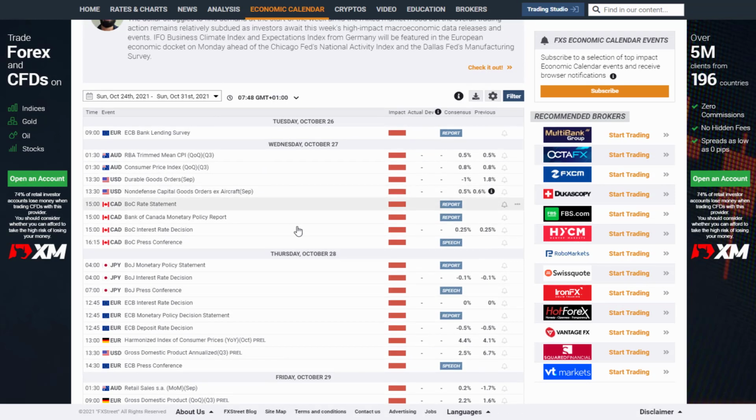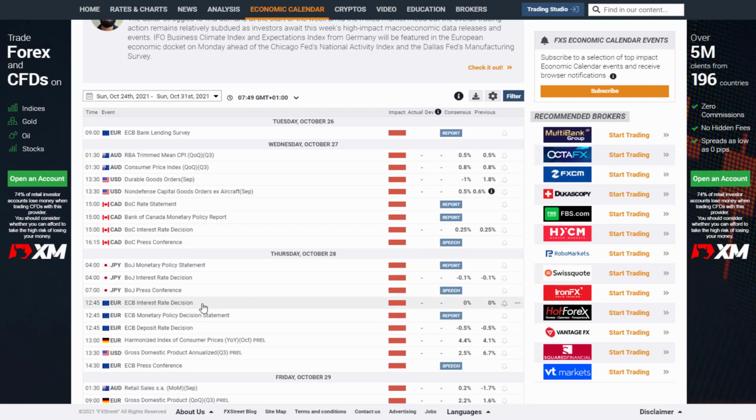Looking at Monday and Tuesday, nothing is really going on. Then on Wednesday, we've got Bank of Canada's interest rate decision. So especially if you're gonna have any positions with the Canadian dollar, watch out for price action around this event. And then on Thursday we've got European Central Bank interest rate decision as well.